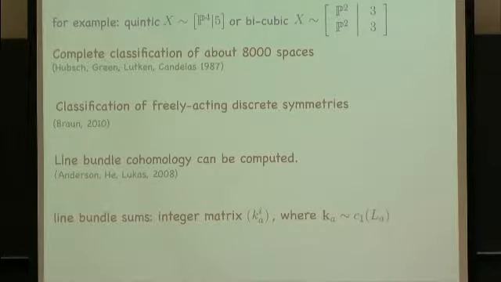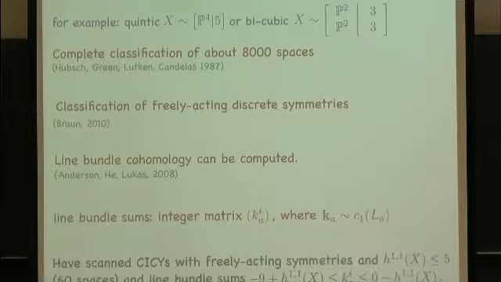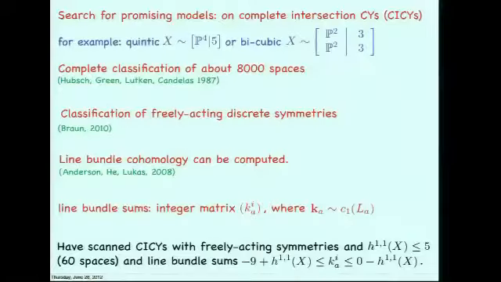So remember, these line bundle sums were given by integers. So in fact, we have an integer matrix with 5 columns, each corresponding to a line bundle, and the number of rows equals the number of Kähler parameters of the Calabi-Yau. And then we just scan. We pick one of these Calabi-Yaus, because the matrix size increases with the number of Kähler parameters. We proceed with increasing number of Kähler parameters going all the way up to 5, and that amounts to about 60 of these 8,000 spaces.